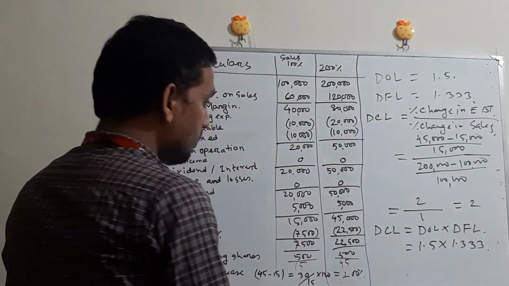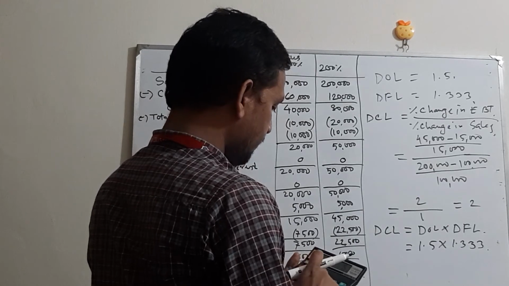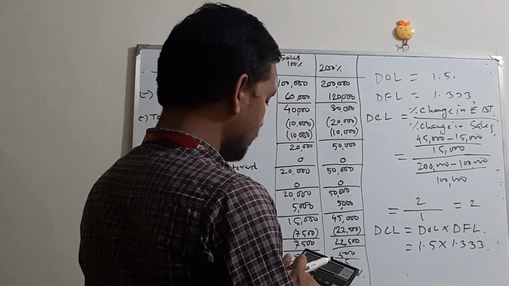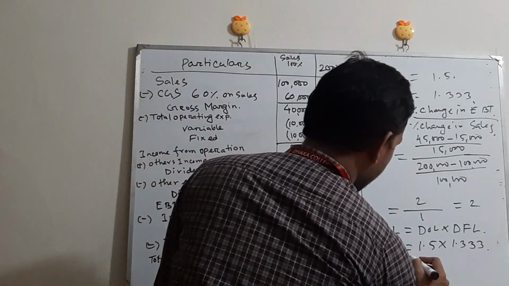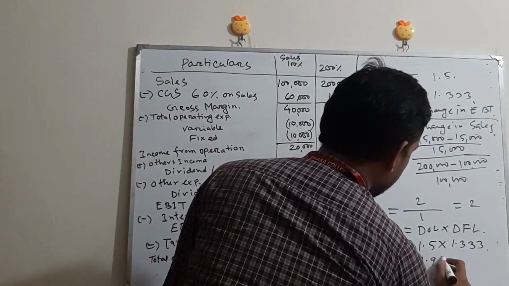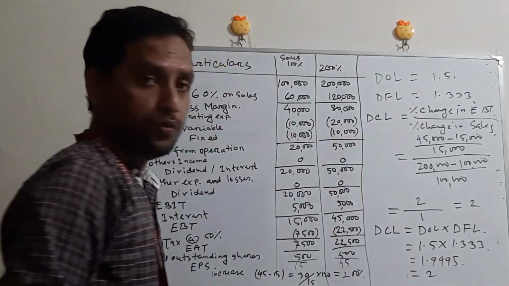So 1.5 times 1.3333 is 1.9995, which is equivalent to 2.